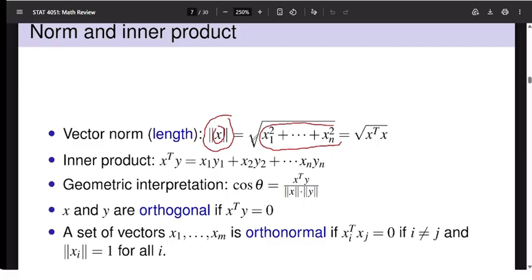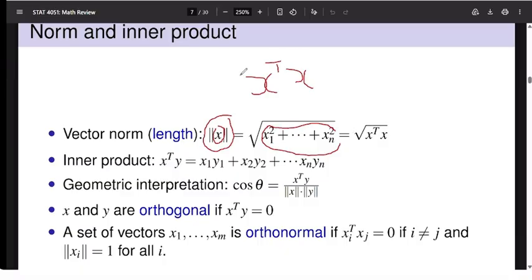Let me tell you this. What we have here is in scalar form. If I want this in matrix form, then I'm going to do the transpose of x multiplied by x. That is the way to do it in matrix form.